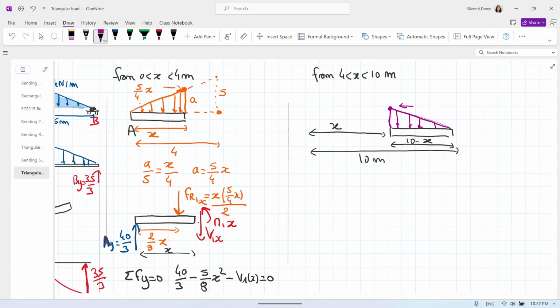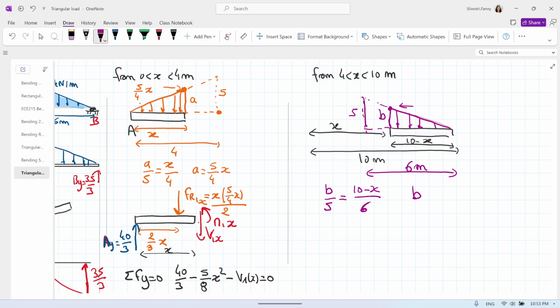We will use the same similar triangle rule. So this length in purple was 6 meters, and the maximum force was 5, and what we try to find is the B dimension. So we have similar triangle rules: B divided by 5 equals 10 minus x divided by 6.